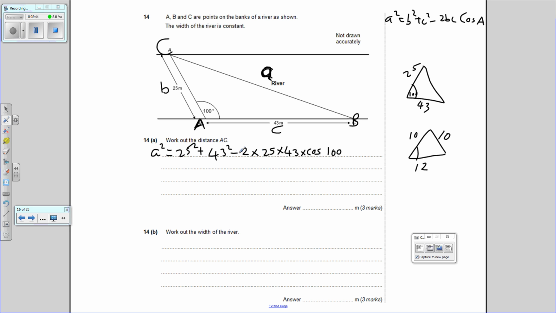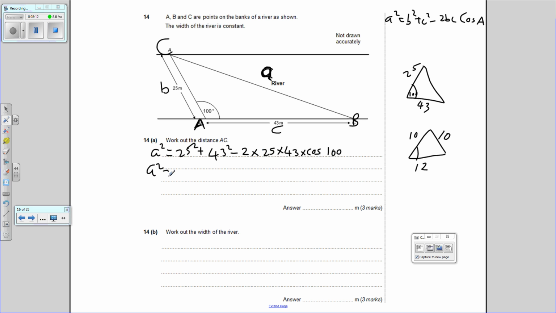You don't need brackets because BODMAS will multiply this all together before subtracting. So, calculator, 25 squared, add 43 squared, subtract 2 times 25 times 43 times cos 100 equals, goodness me.